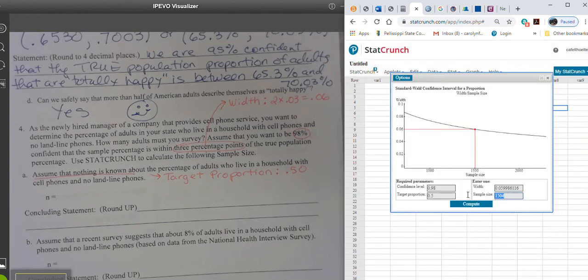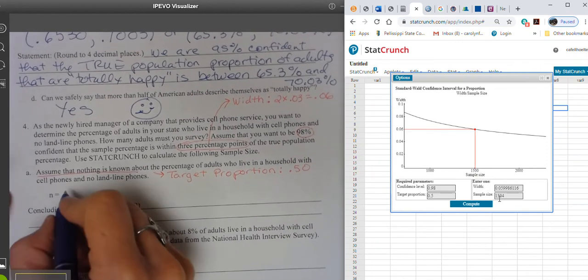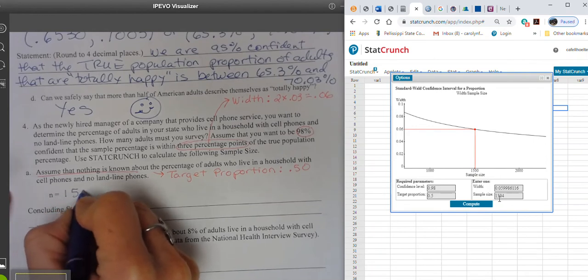Let me go back. This is 0.06, and so when you hit compute, you get your sample size. Our sample needs to be from 1,504 people. N always stands for sample size. Our sample size is 1,504.